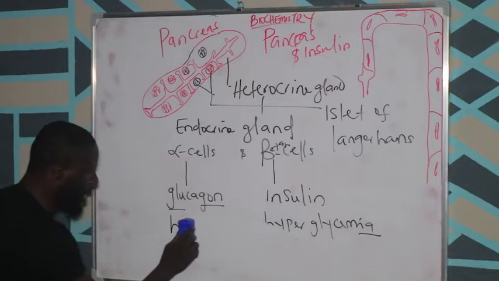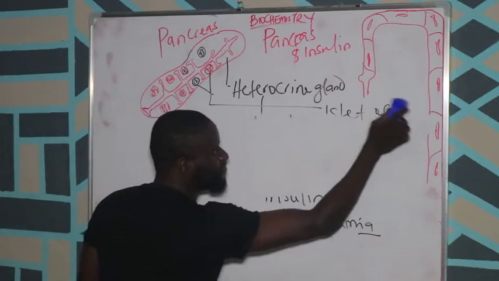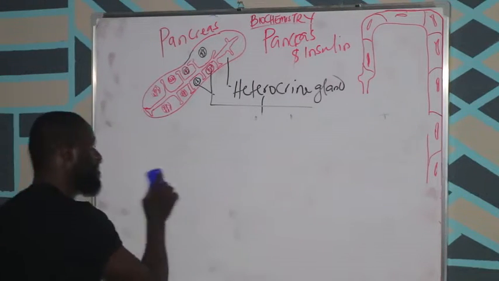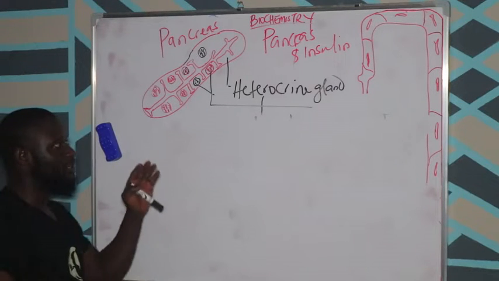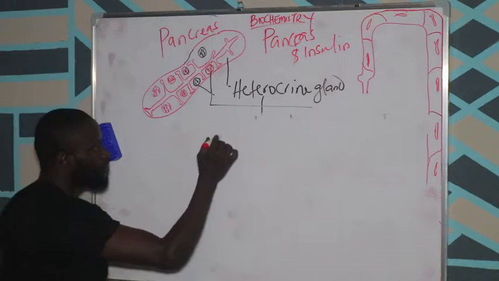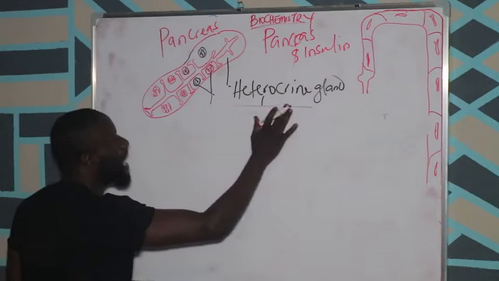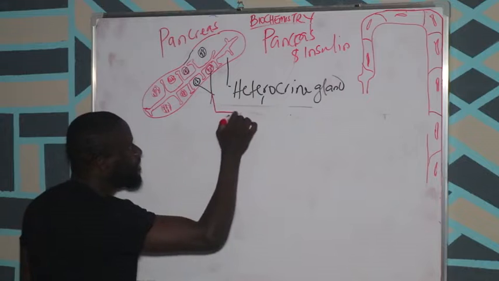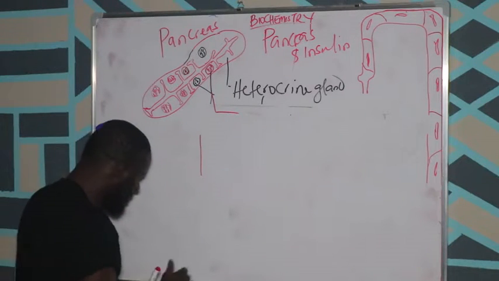So now let's see how the beta cell would look like. Please always jot these things down. Sorry, I'm wiping because of the bird, so do not forget this, please. Now let's zoom into a beta cell and let's see what happens.